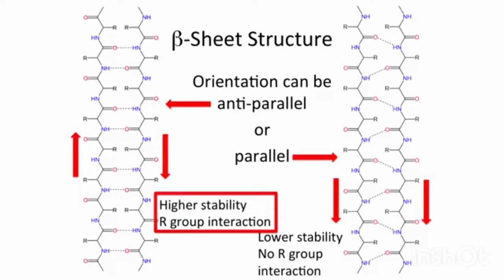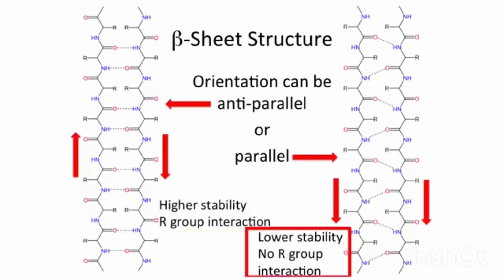The R groups are aligned so that they can interact, and the NH and oxygen on the opposite strands are aligned to form a more stable structure. Nonetheless, there are definitely examples of parallel. Notice that both strands go N, C, C, N, C, C, or N, R, O if you're just looking at the letters on both sides.